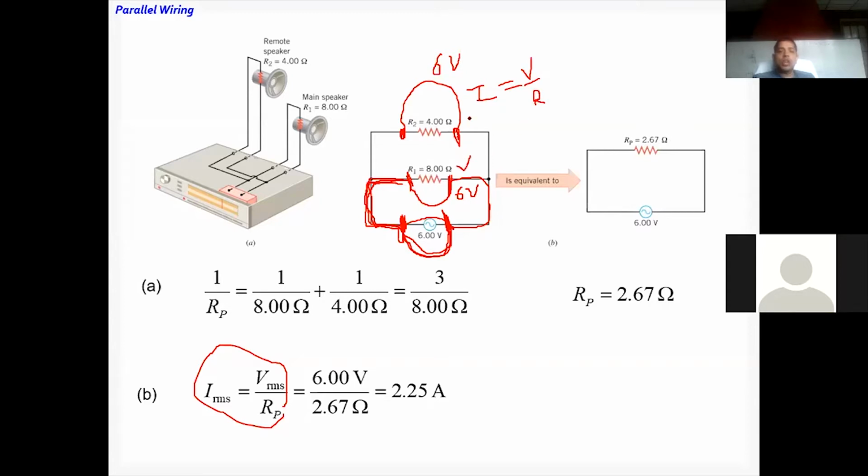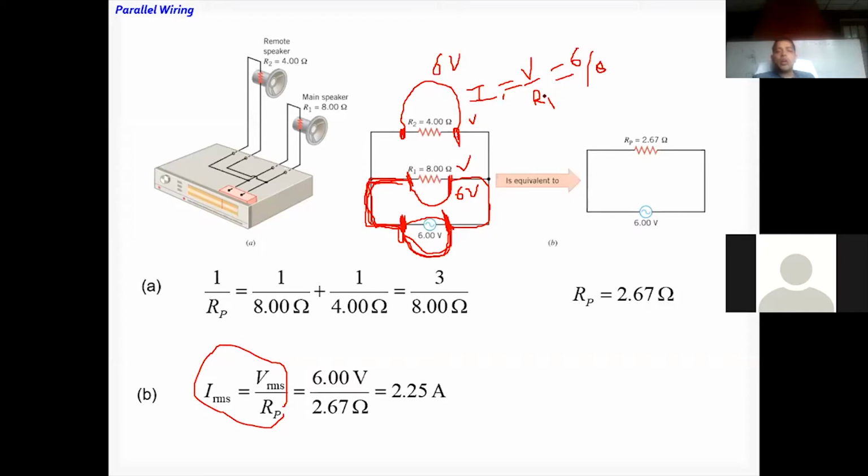We can use it here and here. So let me call this R1, and then you have I1. I1 equals V over R1, which is 6 over, what is your R1? Help me here. 8.